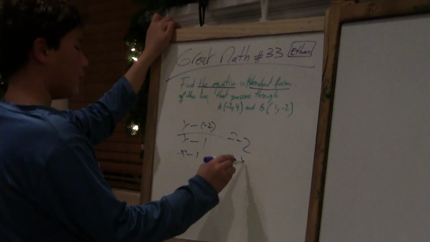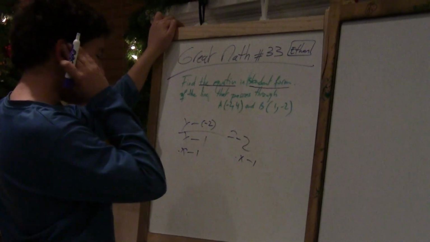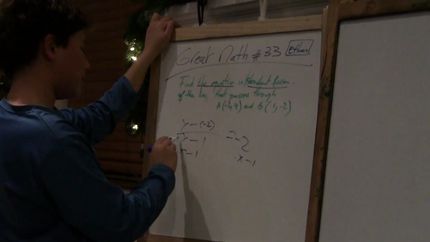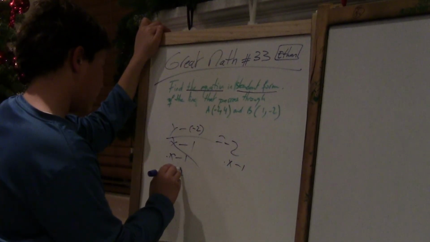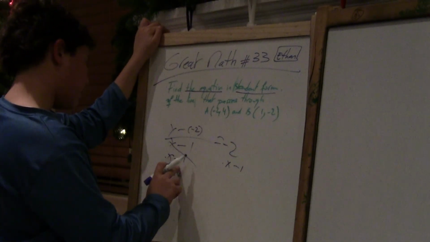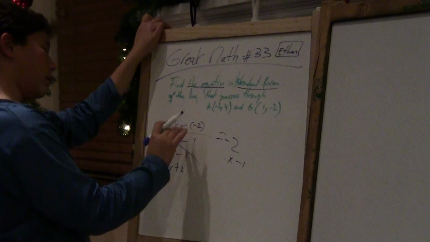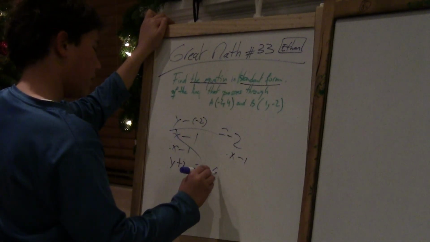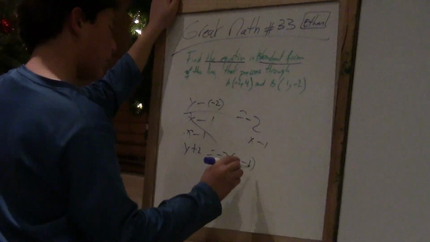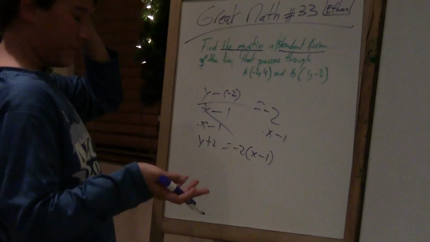But continuing on, we multiply x minus 1 on both sides. These two cancel out. And then y plus 2, because remember, it equals negative 2 multiplied by x minus 1. See?